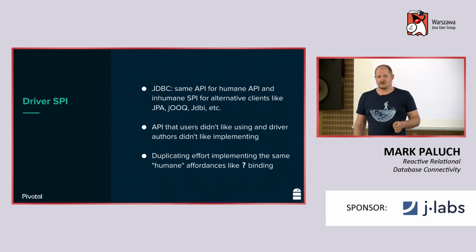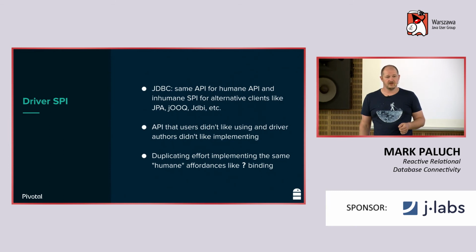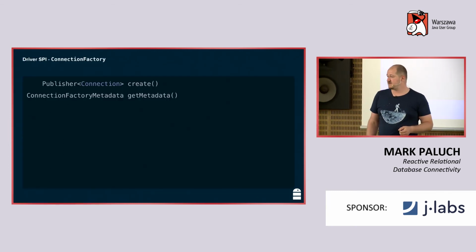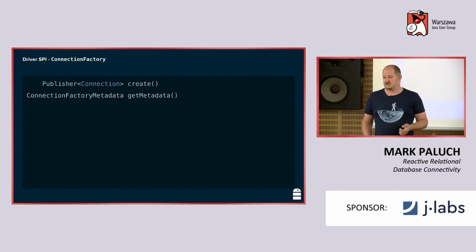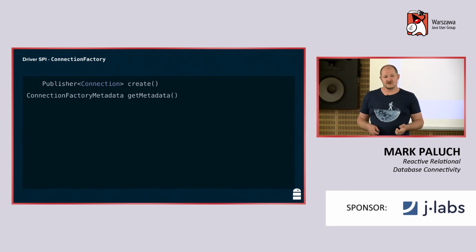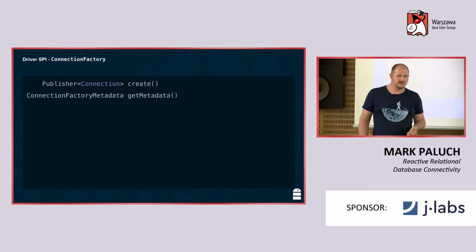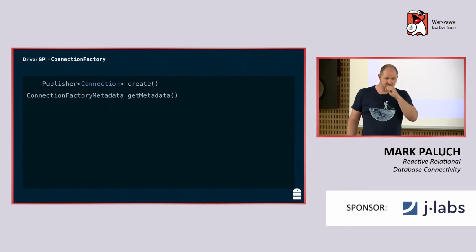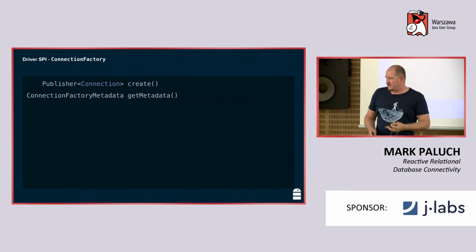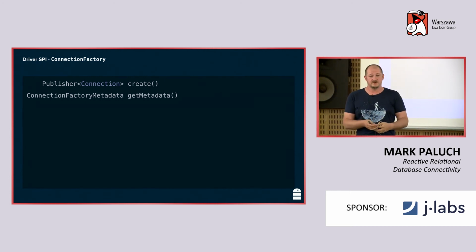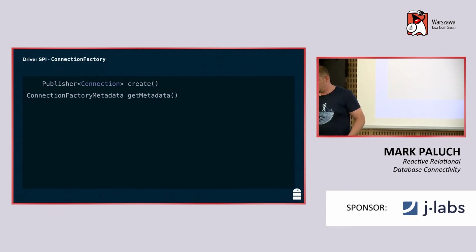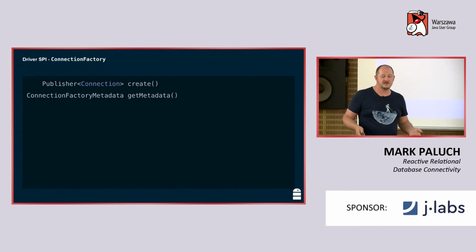Now, let's go through the RTDBC SPI, and we will see like 5 classes which are interesting for us. So it all starts with a ConnectionFactory. And perhaps based on the name, you might imagine this is a factory for connections, which makes it quite obvious. So the ConnectionFactory is the entry point to your driver, and you obtain a connection from a ConnectionFactory.